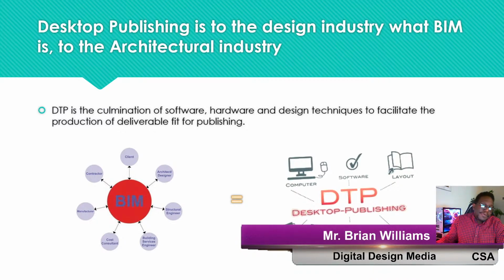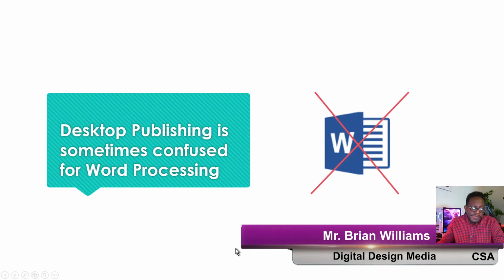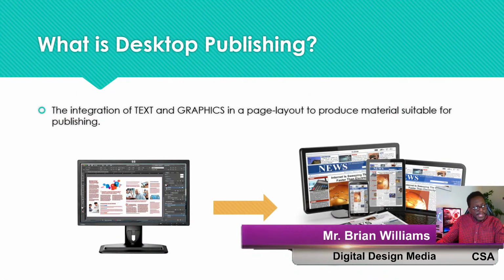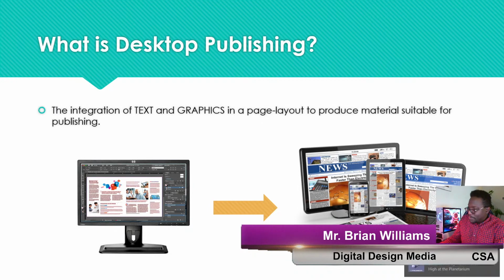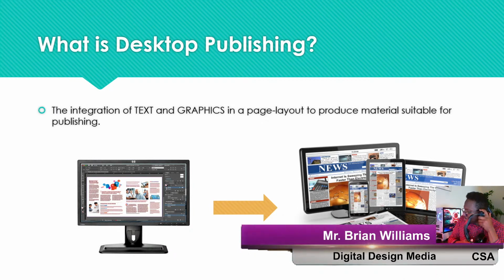So when we use the term publish, we're not just talking about a book, because as most of you who have cell phones know, you also read content that is published on the internet as well. Am I right? Yes, sir.